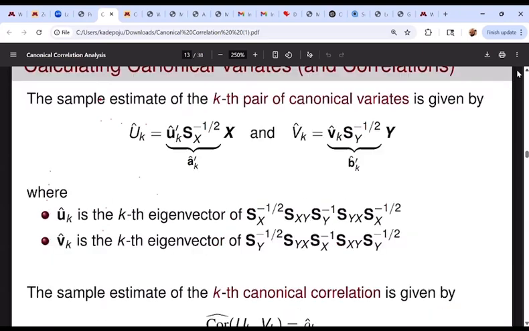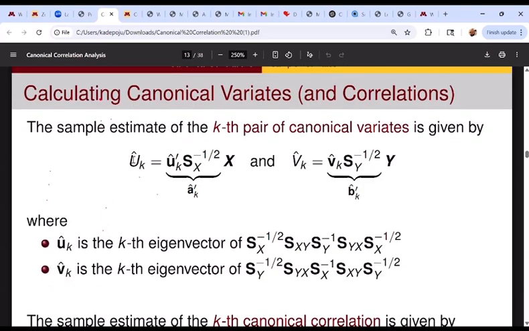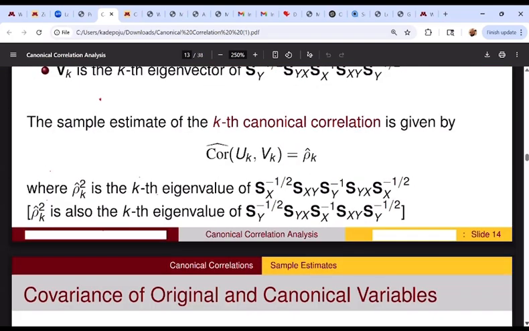Now, of course, the moment you are able to estimate what your U and your V are, we can begin to look at the correlation between them. Also, because the canonical variates were estimated, we are also going to estimate the correlation between them, which we call the canonical correlation.